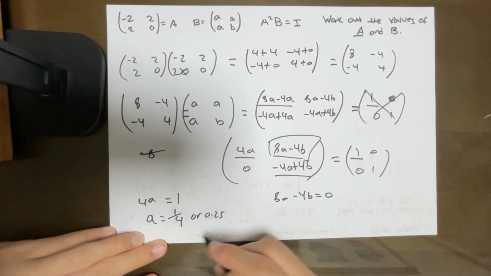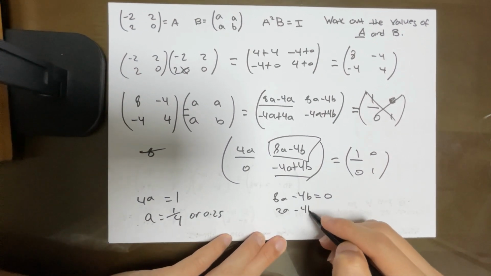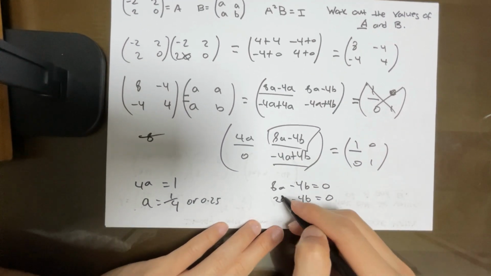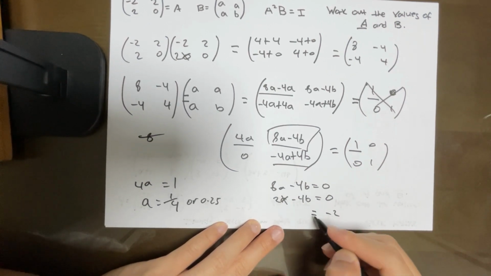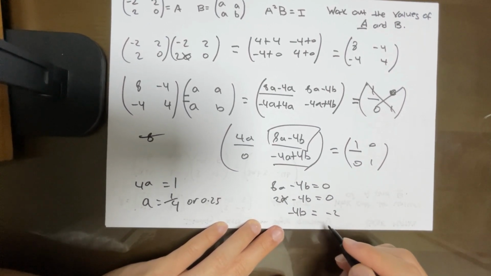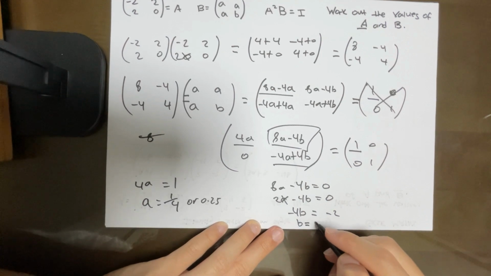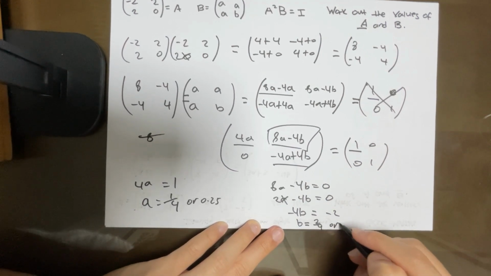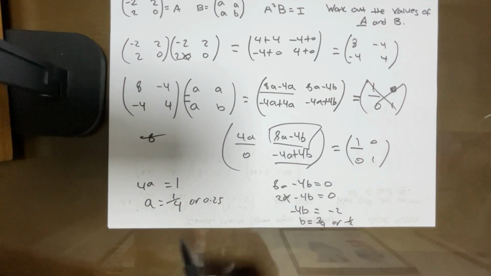Substitute that a is a quarter, so 2 minus 4b equals 0. Minus 2 on both sides: minus 2 equals minus 4b. And if we divide by negative 4 on both sides, that gives us b equals 2 over 4, or 1/2. So b is 1/2, and a is a quarter.